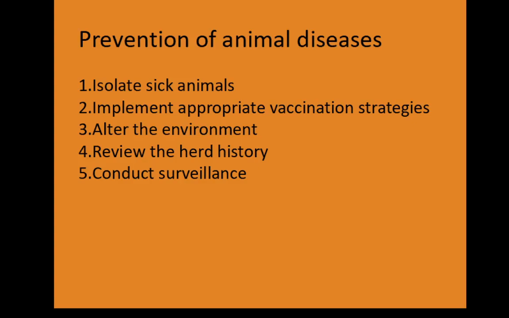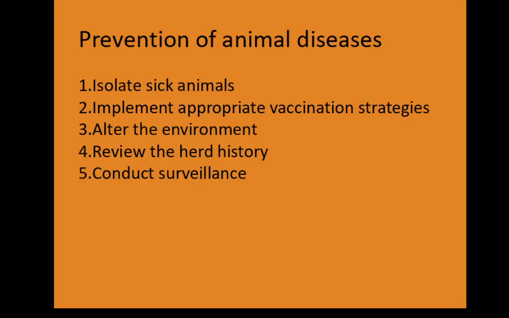Sometimes you have to review your vaccination program to check if the disease is prevalent in your area, and then you can do away with some of the vaccines for diseases which do not occur in your area of production.